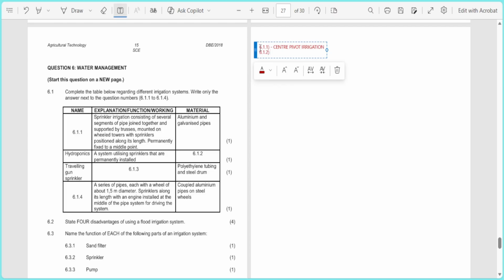Alright, we have hydroponics, a system utilizing sprinklers that are permanently installed. What material is used? It's normally PVC pipes with plastic or brass sprinklers.